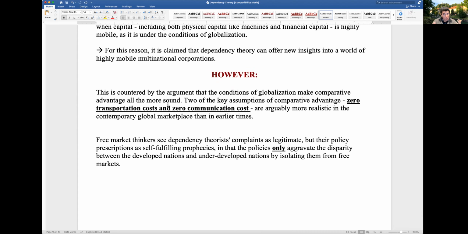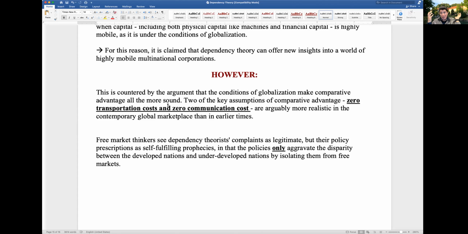However, and this is the counter argument, the neoliberal, neoclassical economists argue that if you think about this, because now we have close to zero transportation cost and close to zero communication cost, which typically are 2 of the most seriously challenged assumptions in market activity, when thanks to globalization, these criticisms are gone.